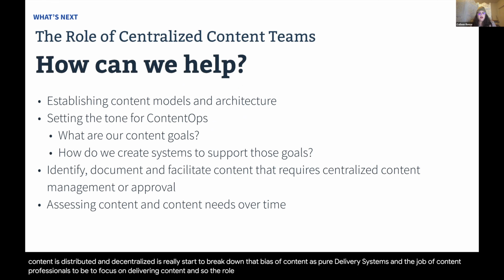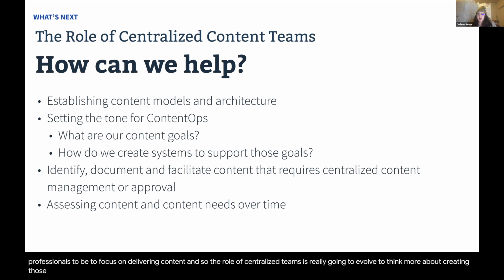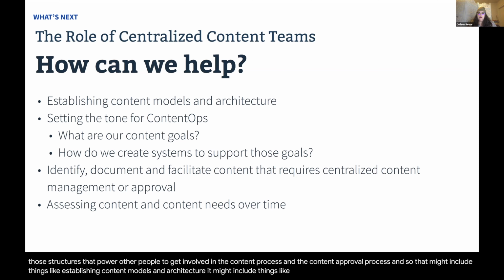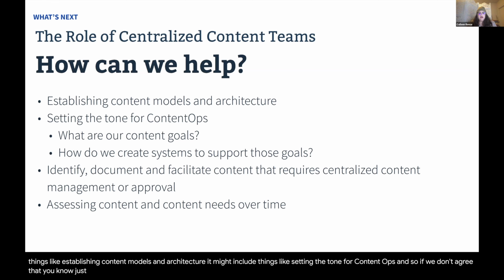And so the role of centralized teams is really going to evolve to think more about creating those structures that empower other people to get involved in the content process and the content approval process. That might include things like establishing content models and architecture. It might include setting the tone for content ops. And so if we don't agree that just getting content from A to B should be the goal of a content team, what are our content goals? And how do we create systems to support those goals?